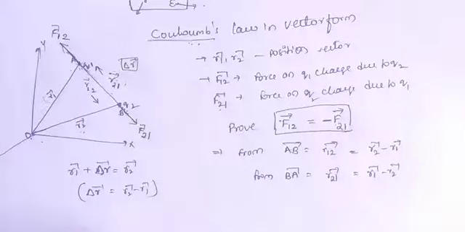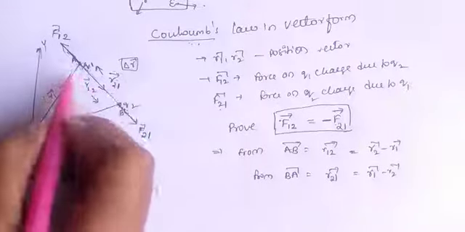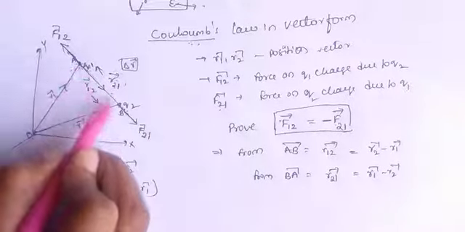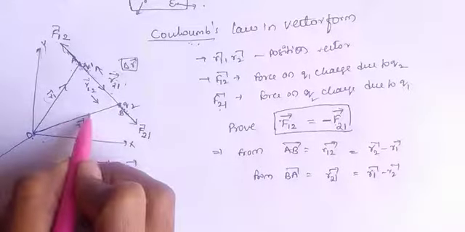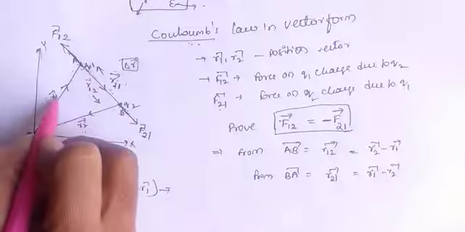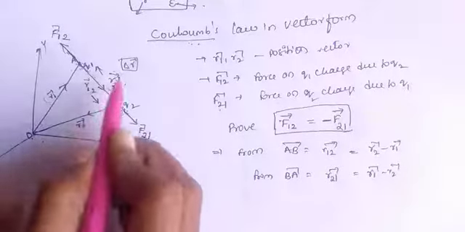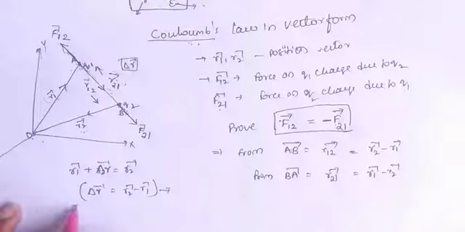If this is in this direction, that means the force applied by Q1 on Q2, then it will be there. If this is in this direction, then those two are added and give this one. So R2 plus delta R gives R1.